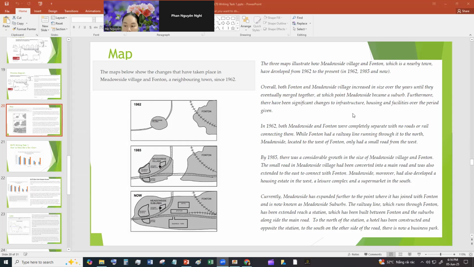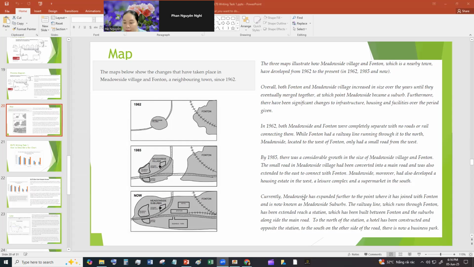So they use past passive sentences to emphasize past action and the thing being affected. Remember that in your writing for map description, you can use passive voice as well.